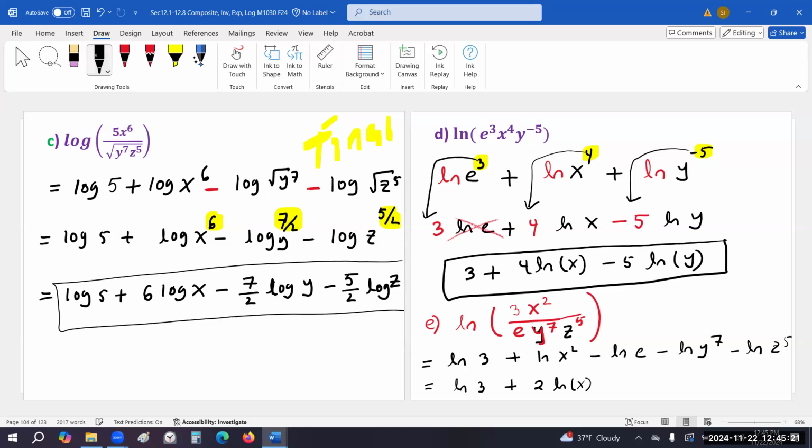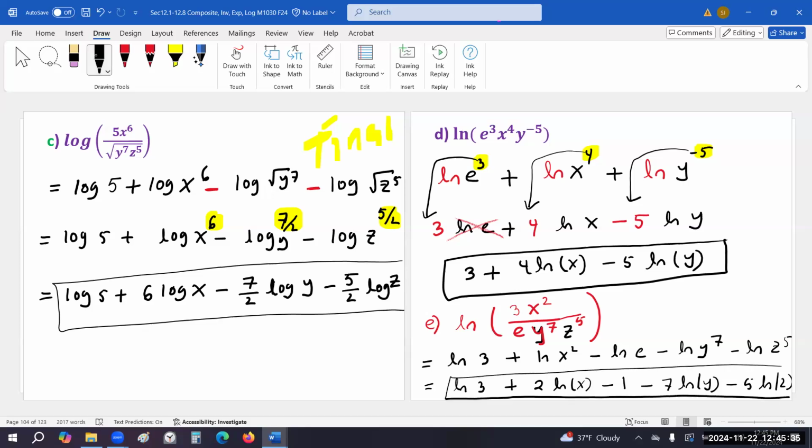Yeah, I got the habit. Minus 1. Minus 7 ln of y. Minus 5 ln of z. Yep, perfect. You didn't have to put parentheses, but it just comes automatically by my hand.